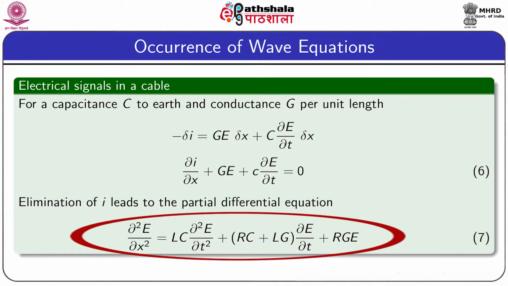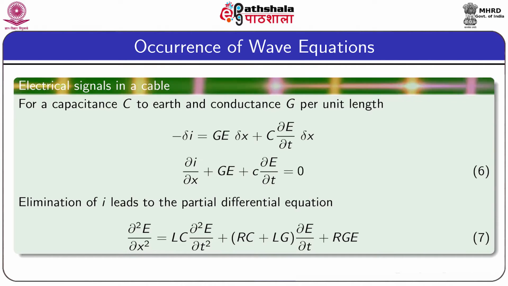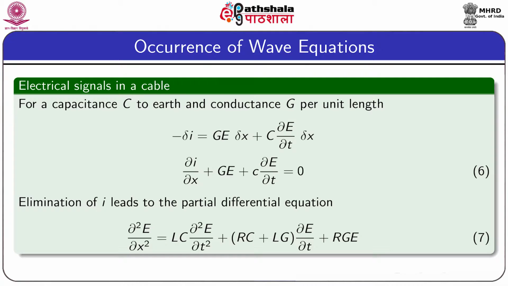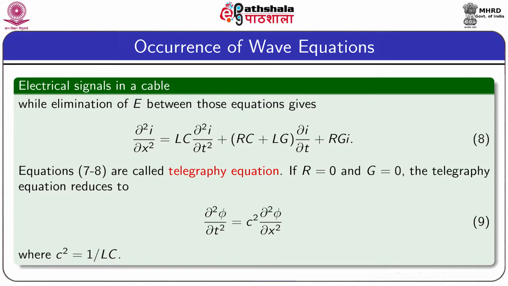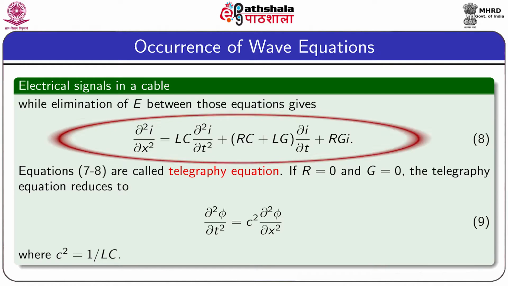Del 2 E del x square equals L C del 2 E del t square plus (R C plus L G) into del E del t plus R G E. Similarly, if we eliminate E from equation 5 and equation 6, we obtain a second order partial differential equation in I, which is written as equation number 8.